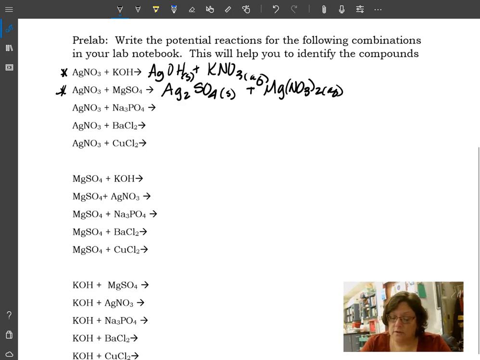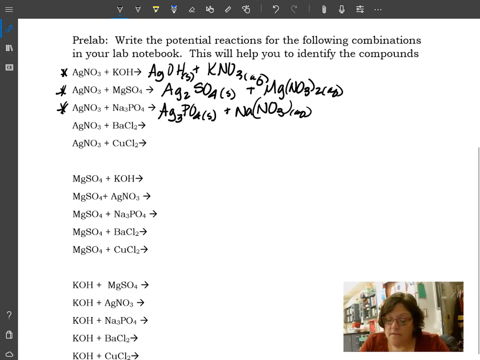The next one, silver nitrate and sodium phosphate. Silver will react with phosphate and precipitate, because most phosphates precipitate, and then sodium nitrate would be our spectator ions. The next one, silver nitrate plus barium chloride. Silver chloride will precipitate, and barium nitrate will stay in solution.